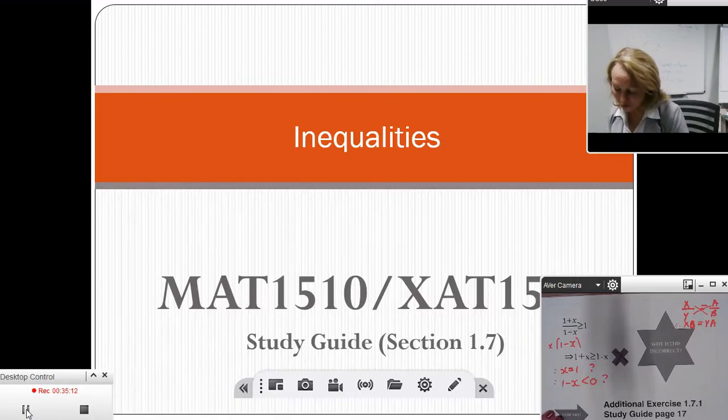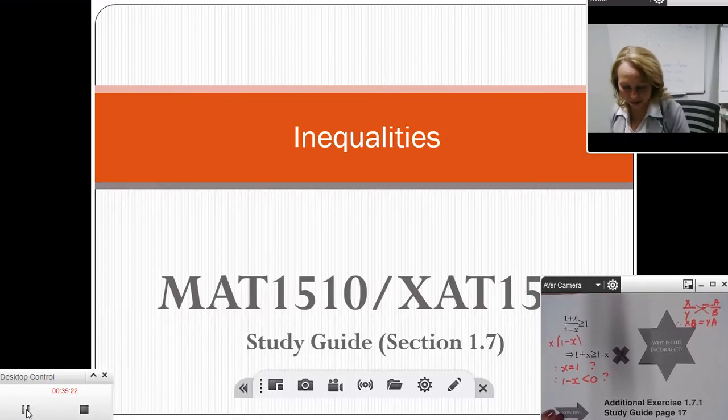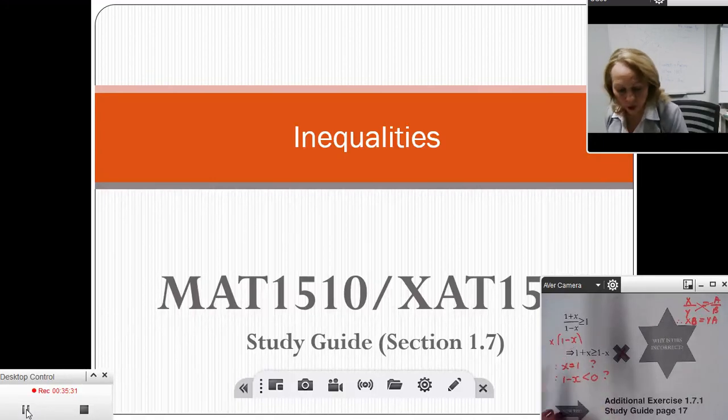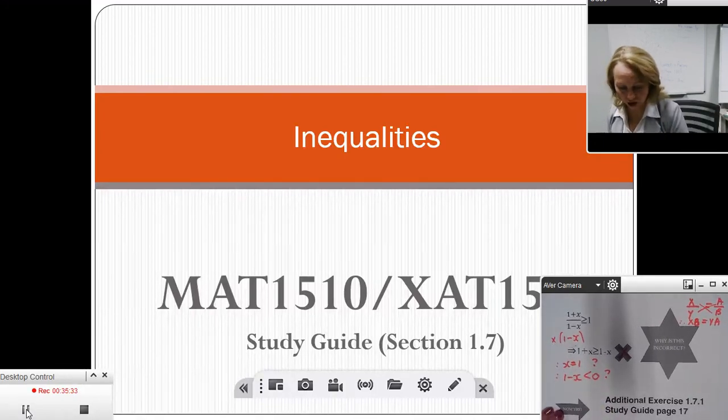Then we know that there should be a sign change. The inequality sign changes when you multiply or divide by a negative. So therefore, please be careful when you have rational inequalities to do the process of cross multiplication.